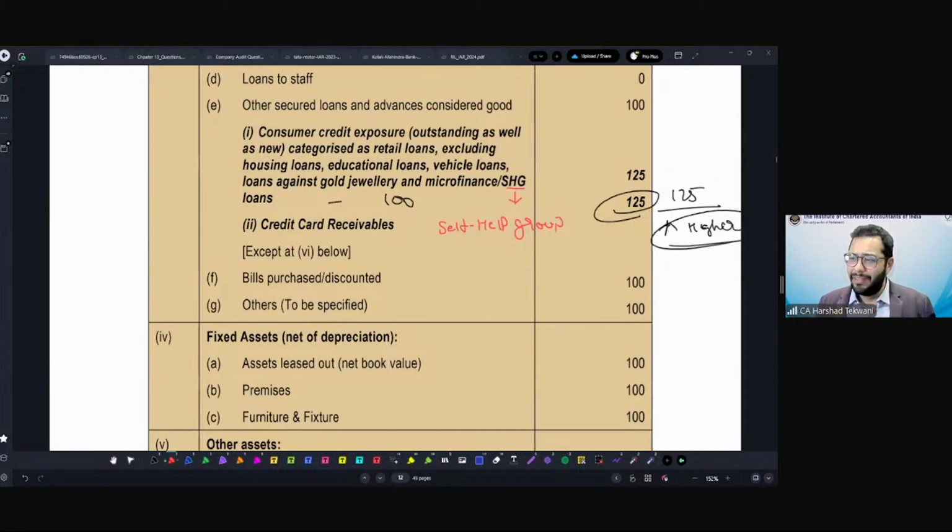So there are loans or benefits given for the self-help groups. They are groups of people working for a particular motive, like agriculture or something like that.